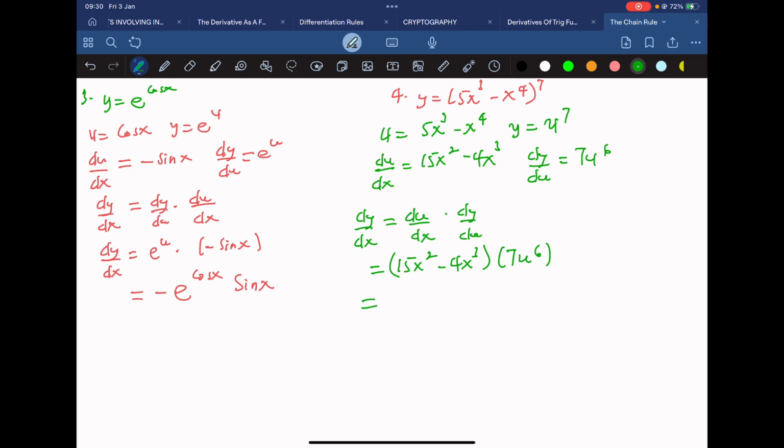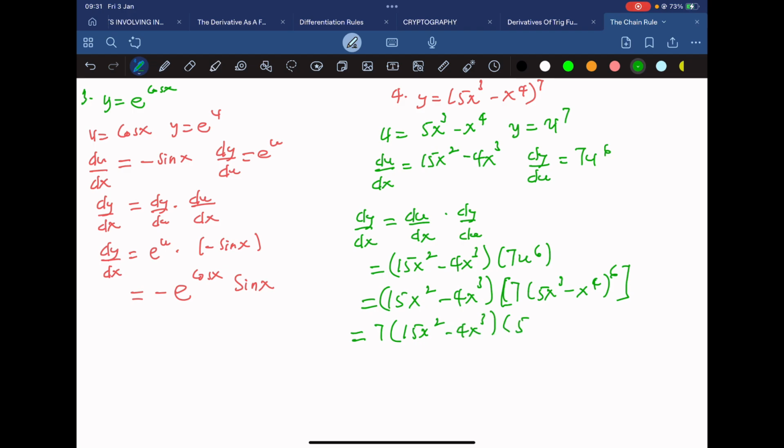So we can have (15x squared minus 4x cubed) multiplying 7. Now what is u? Our u is 5x cubed minus x to the 4, now to the power of 6. So we can bring the 7 outside. So we have 7 times (15x squared minus 4x cubed), then (5x cubed minus x to the power of 4) to the power of 6.